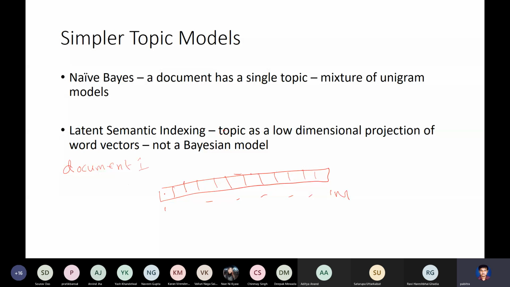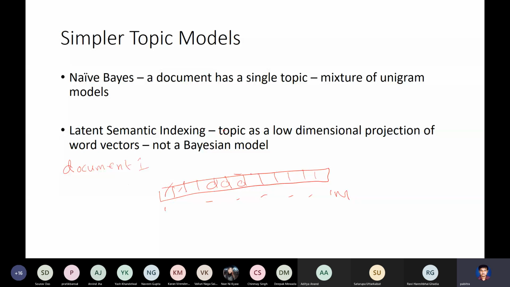You count how many times the first word appears, how many times the second word appears. Many words will be 0 actually, and this is your document vector. Okay. The problem with this plain and simple document vector is that synonymous words and similar meaning words all have a separate entry in this vector. And so if something has a word elevator and some other document has a word lift, since they are different entries, they would not be treated as similar, but they should have been.